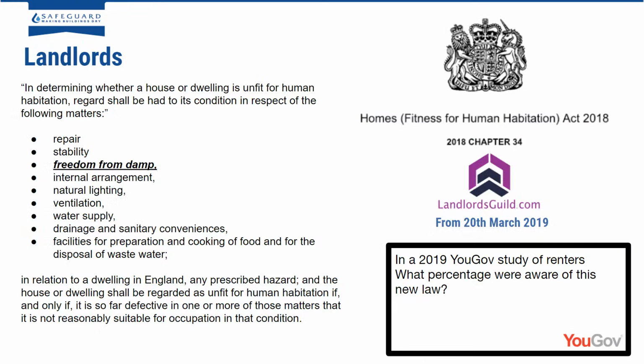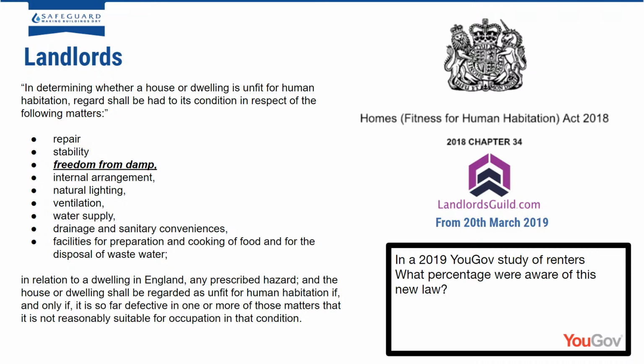So why is it important to fix penetrating damp, especially for landlords? In 2018, the Homes (Fitness for Human Habitation) Act was legislated, and essentially there are quite a few criteria for what a habitable space is for tenants. You can see there are quite a few, such as lighting, ventilation and cooking facilities. But the one we're interested in here is freedom from damp.